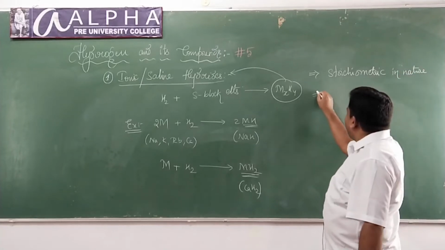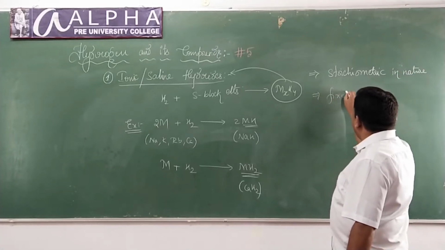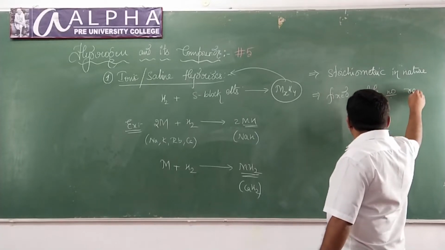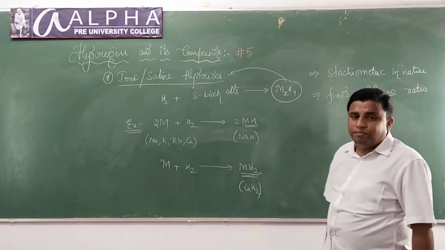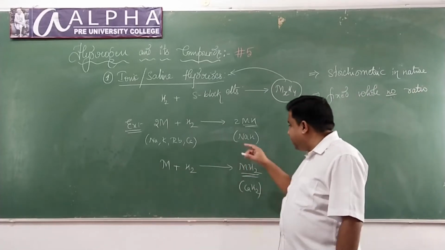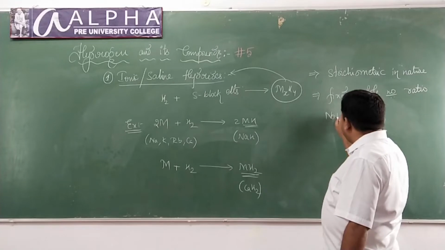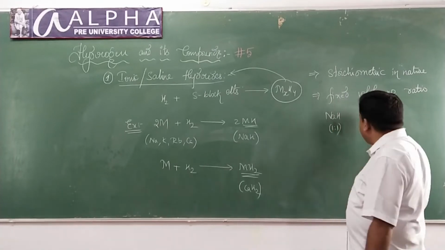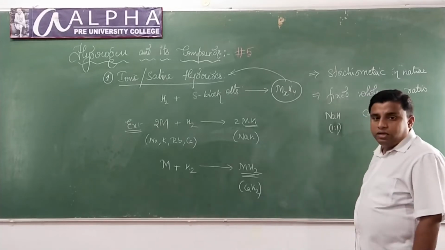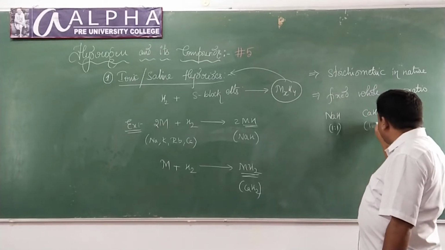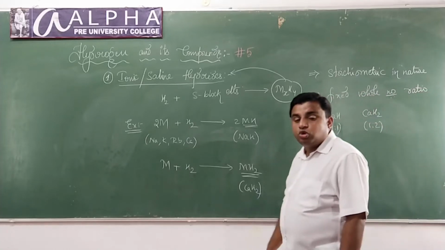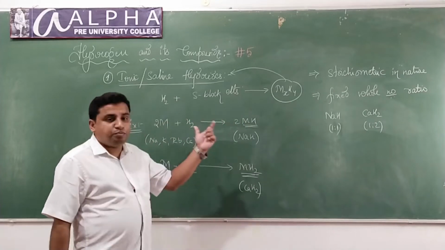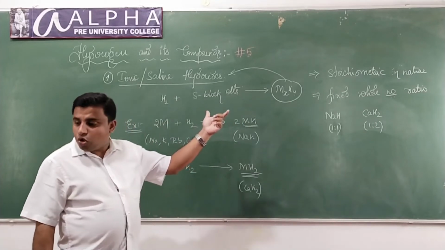They have a fixed whole number ratio. If I take sodium hydride, the ratio is 1:1. If I take calcium hydride, the ratio is 1:2. They prefer a fixed whole number ratio.